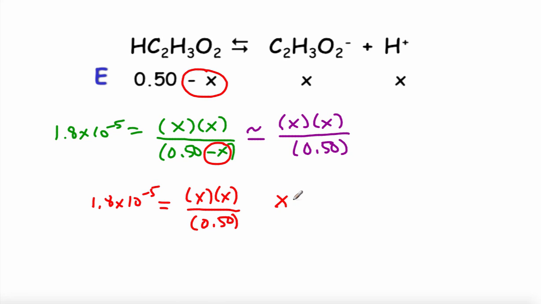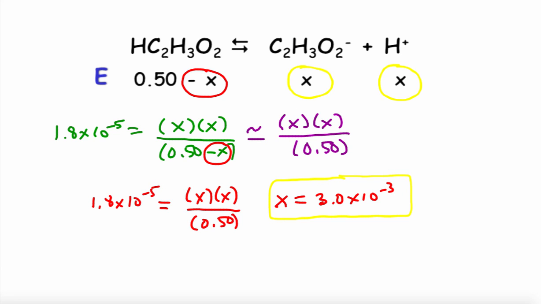So now we have our problem here in red to solve, and we can use algebra to solve it. And when you do that, you'll get an x value of 3 times 10 to the minus third. Now remember what x means. X is our concentration of conjugate base, and it's also our concentration of H+. That means we're going to use this number value to find our pH.